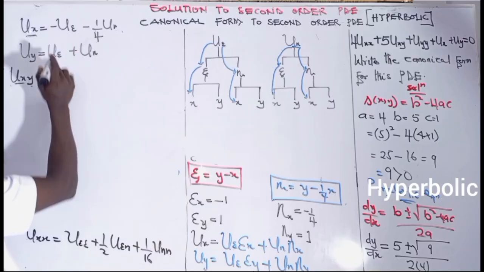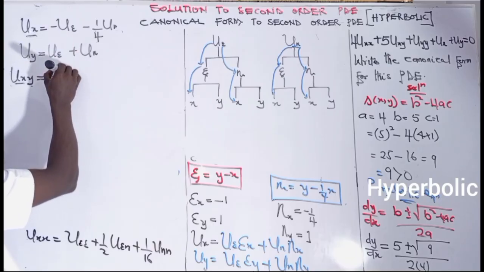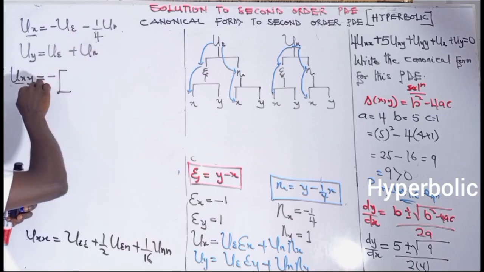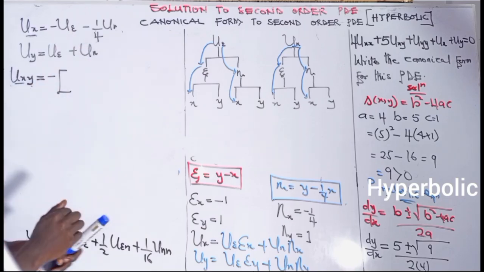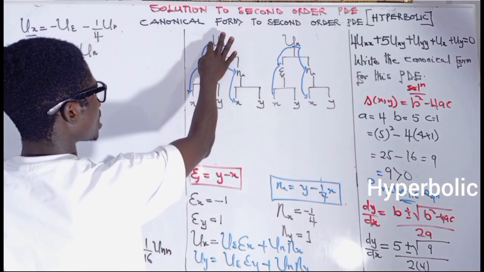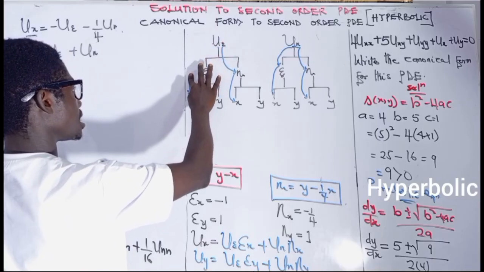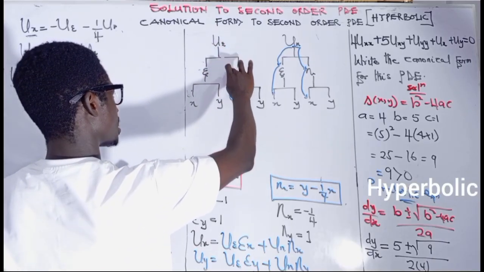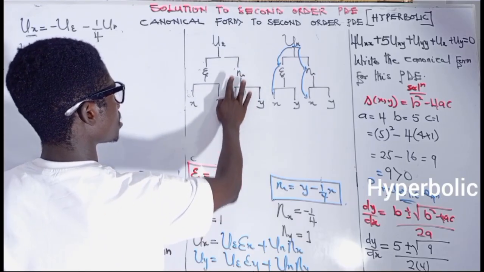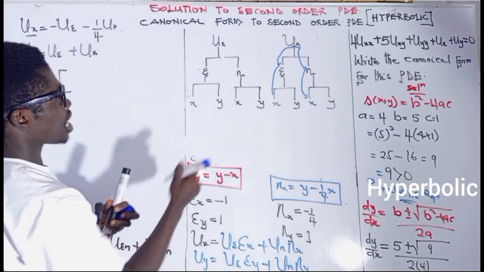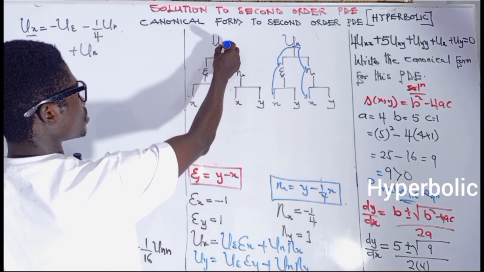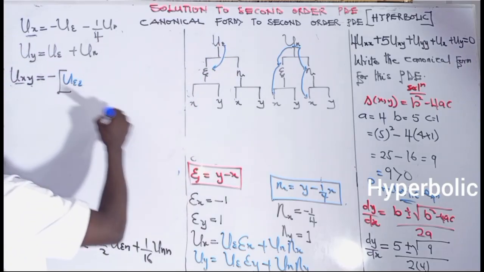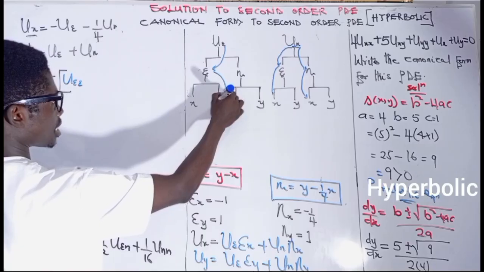So we have negative u zeta, and then we find the expression for u zeta, and take it with respect to y, not x anymore. So this is u zeta, we have u zeta zeta, then zeta y.